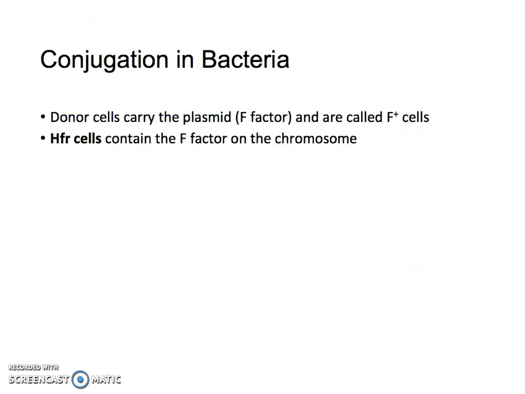Conjugation in bacteria: donor cells carry the plasmid factor and are called F+ cells. HFR cells contain an F factor on the chromosome itself. So F+ is the plasmid, and HFR is the actual gene on the genome itself. Remember, plasmids can be lost, whereas the ones that have been inserted into the chromosome of the cell, not so much.